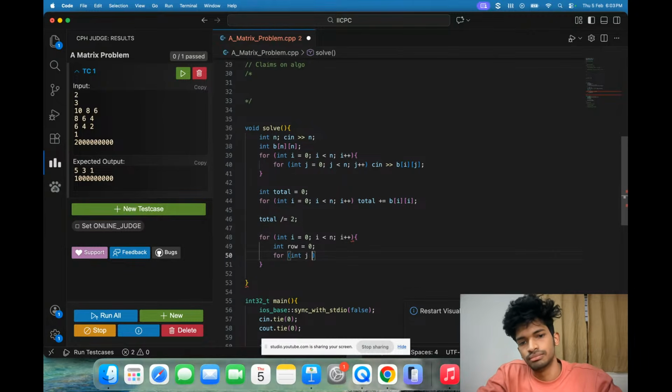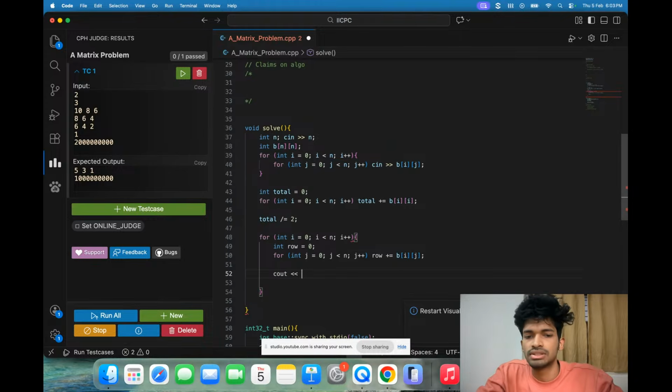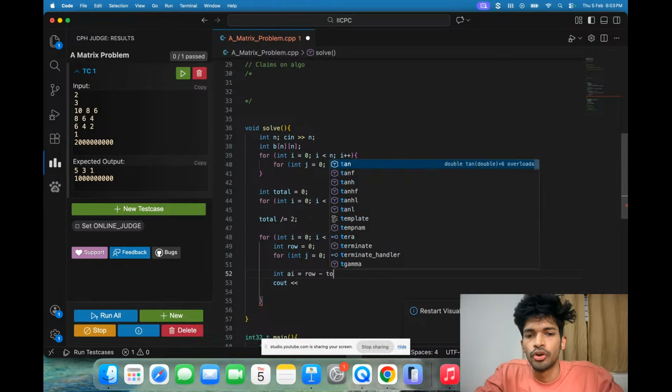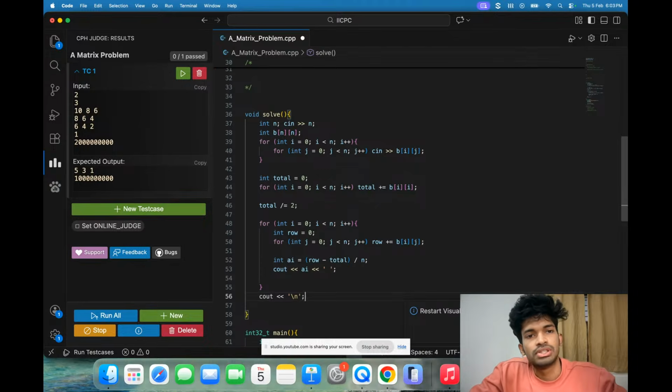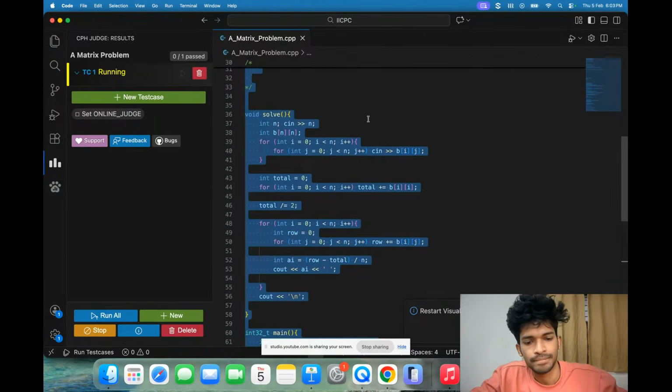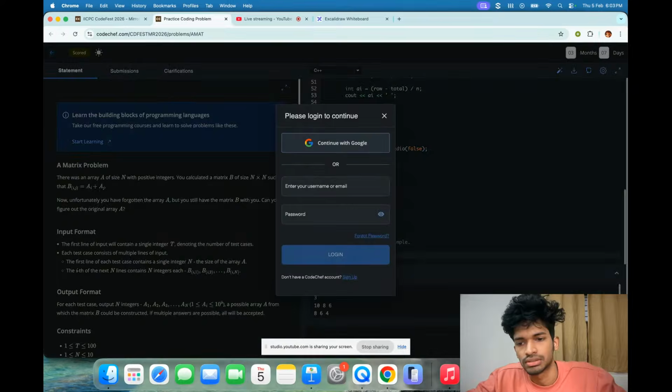Let's get the row sum. And then what is A_i? A_i equals row minus total, divided by n, right? And then the problem is done. Let's submit this and see if it is passing.